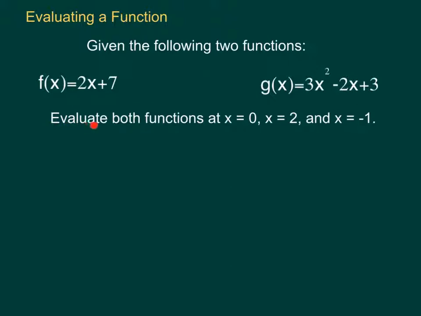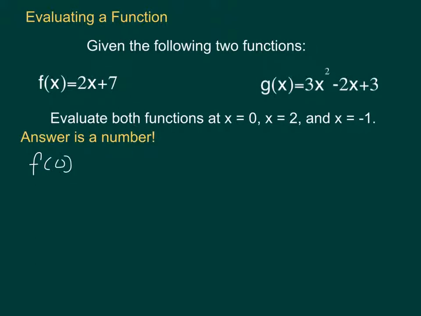The key word here is evaluate. That means we're going to be getting a number for an answer. And that's convenient for when we go through this. Now, to do the first problem, I'm going to do f of 0. To substitute in here, or to evaluate, all that I'm doing is a substitution.